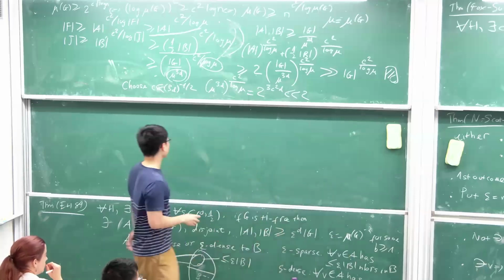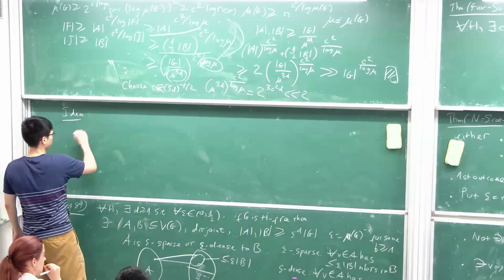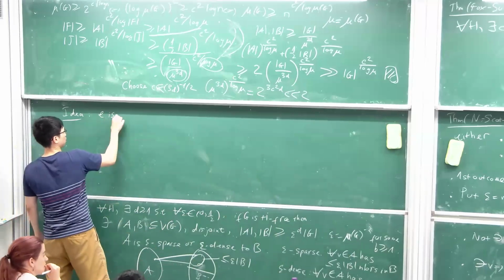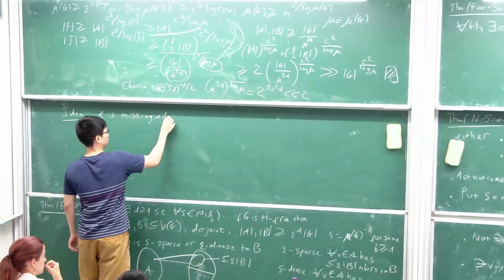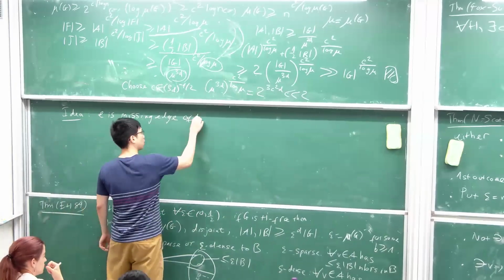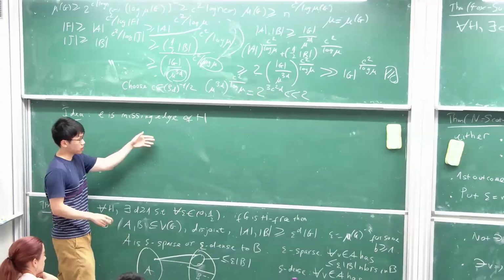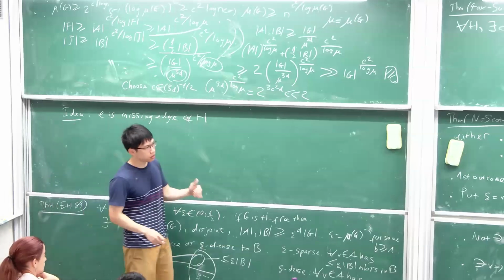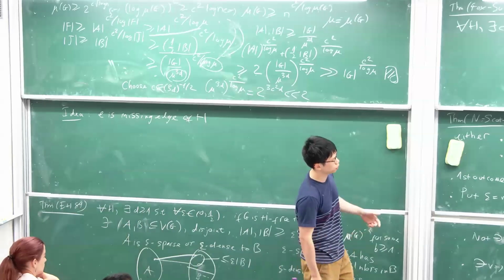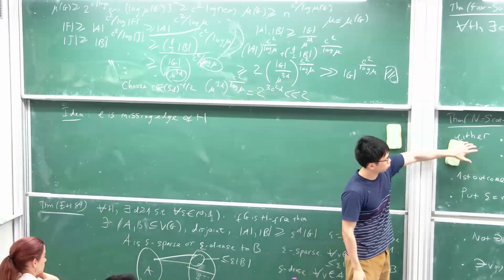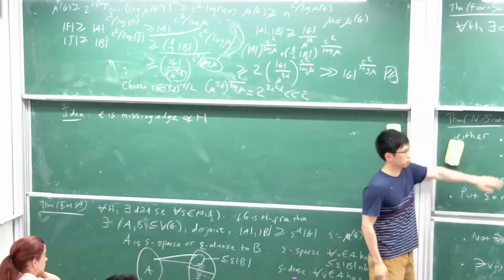So again, the idea: let e be a missing edge of H. Of course here I am assuming that H has at least one missing edge. If H is complete, then it is an exercise for you to show that this theorem is true, actually without the second outcome.